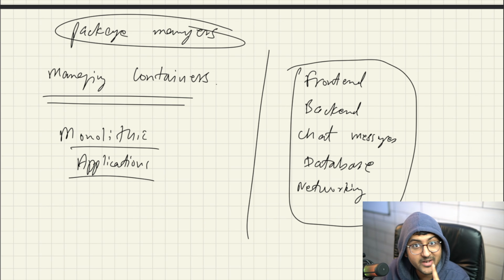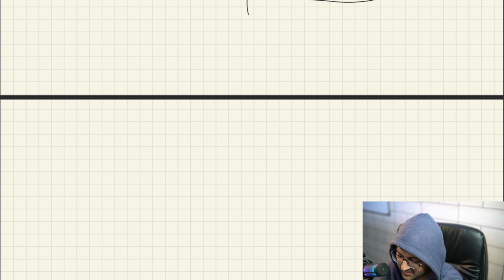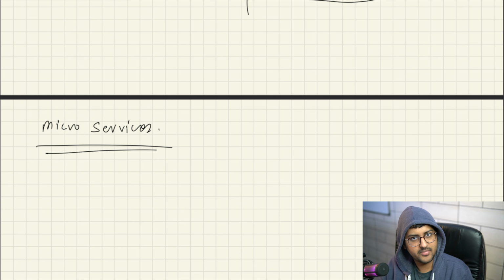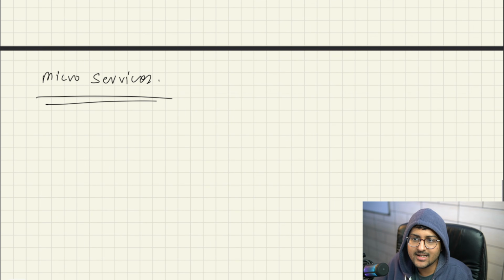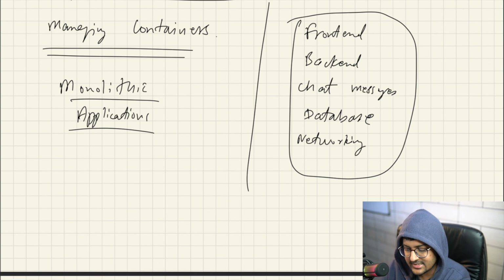So how do we solve this problem? Microservices, a very, very important term. We'll be playing with microservices a lot on this YouTube channel. Microservices, very simple, as the name suggests. The idea is that instead of deploying it as a single application, all of these components are deployed as individual applications.